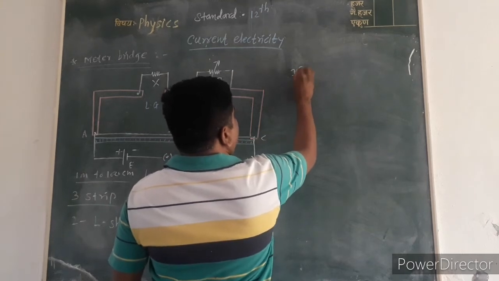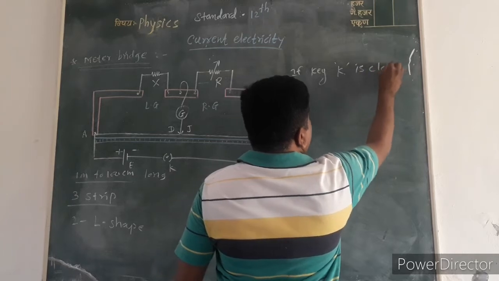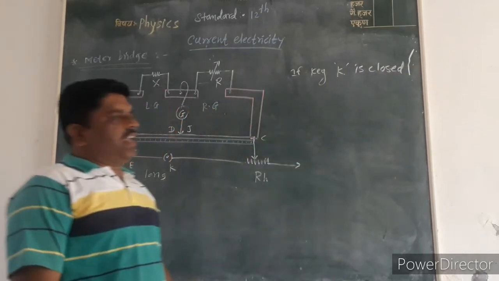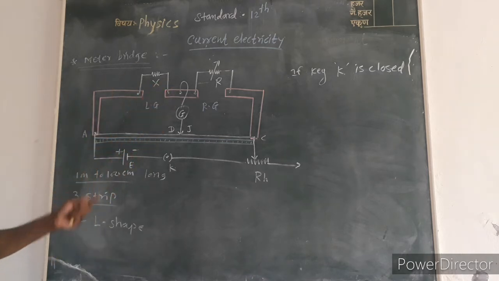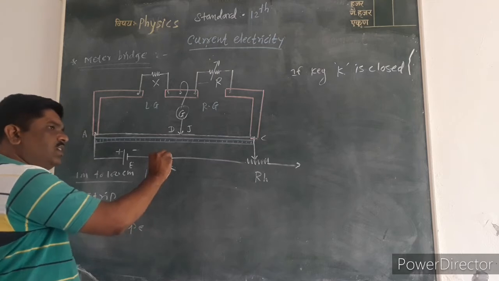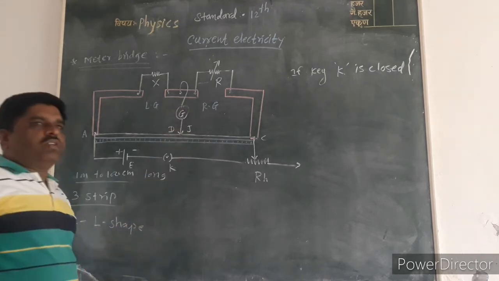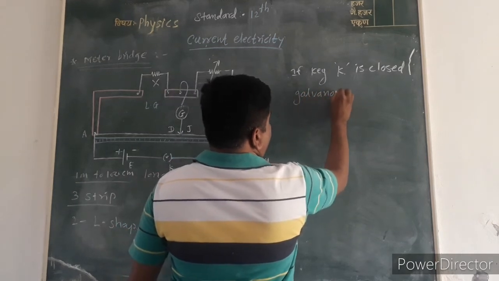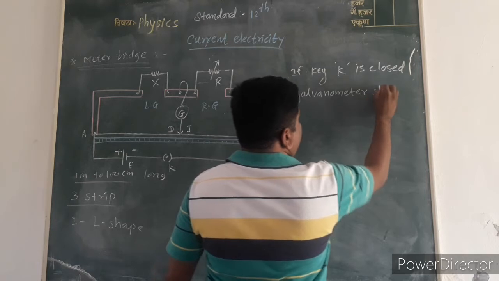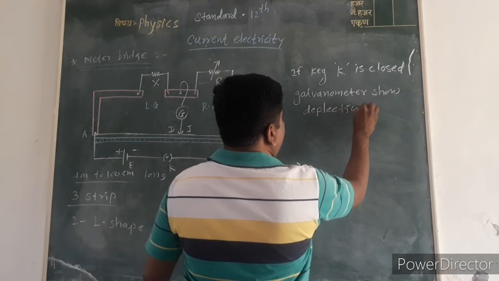If key K is closed, the electric current passes through this circuit and the galvanometer shows deflection.